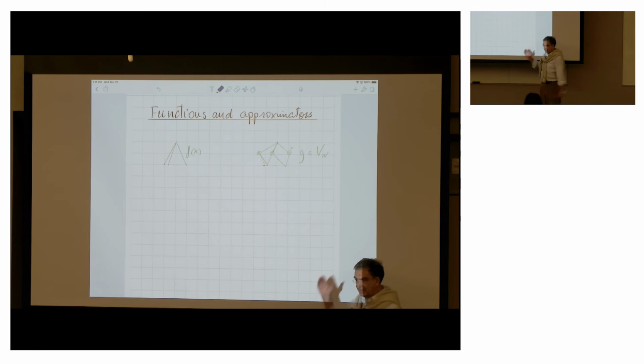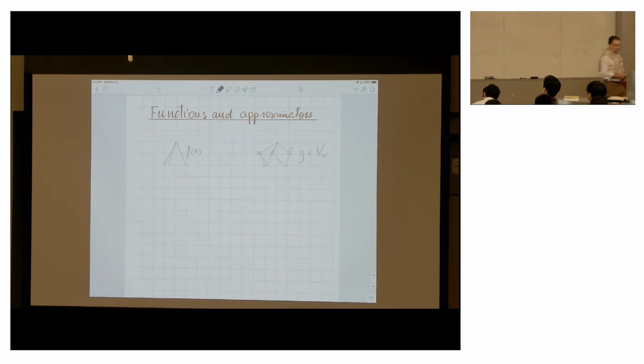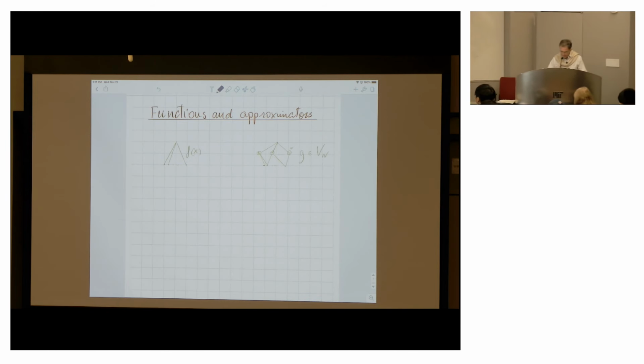So you have these two things. One is your target, the other one is what you want to use to approximate the target.